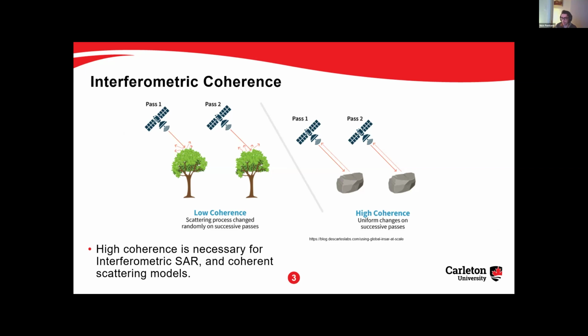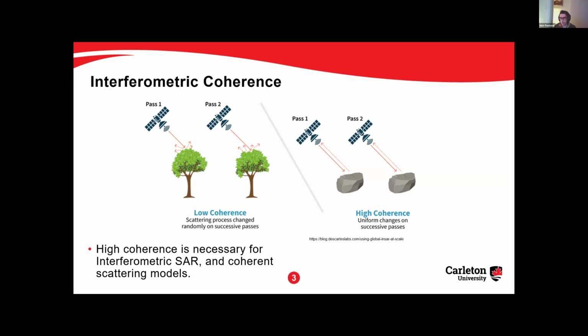So we expect this in vegetated natural targets like forests and wetlands, because there are going to be random differences due to fluctuations in vegetation wetness. If there's wind blowing and the leaves change in orientation, that can also cause coherence to be reduced.